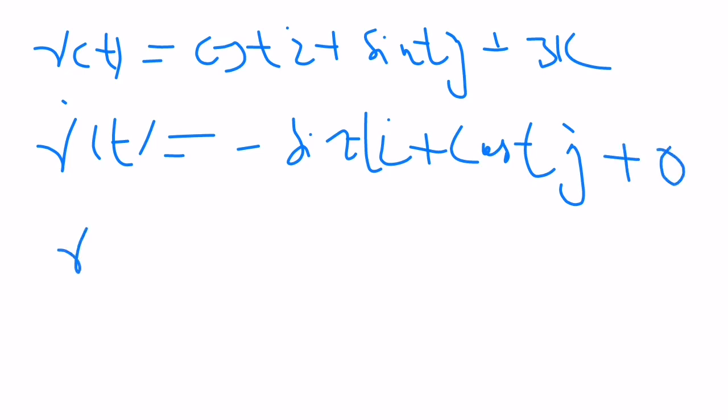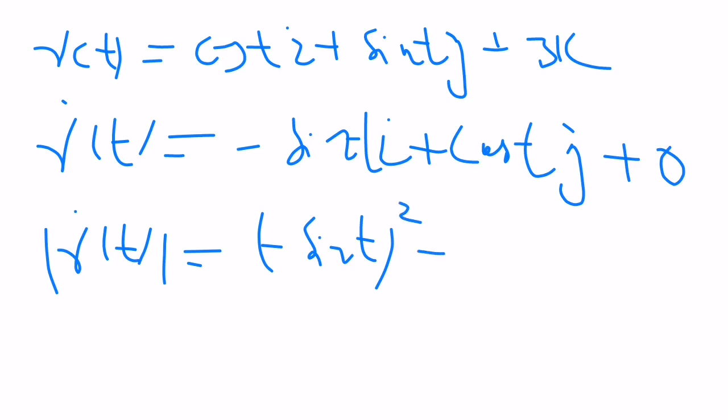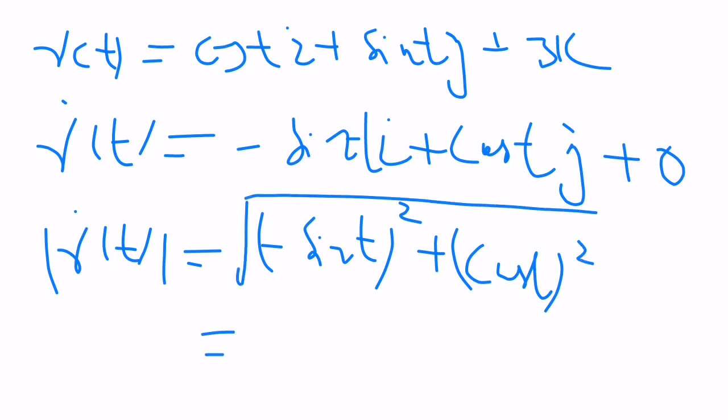The magnitude of velocity is equal to the square root of minus sin t whole square plus cos t whole square. Now this is equal to 1.